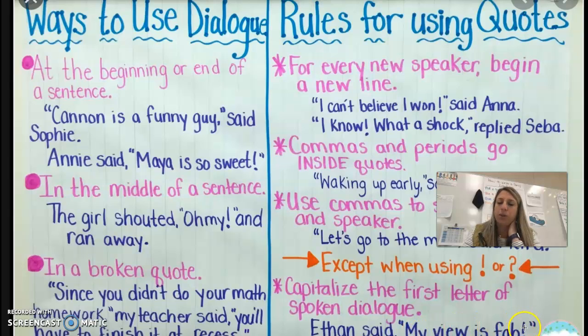And we want to put the exclamation mark or the question mark inside the quotation marks. And if we're using a quotation at the beginning or the middle of a sentence and technically that sentence would need a period, I just put a comma. Okay, only put an exclamation mark or a question mark for those types of sentences.